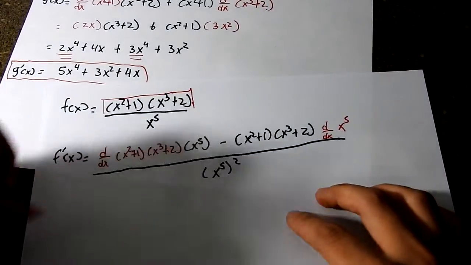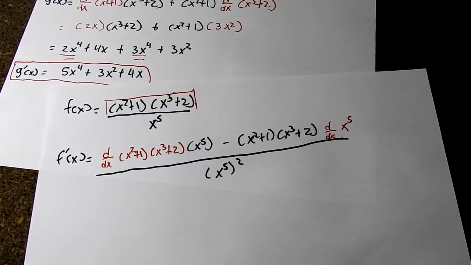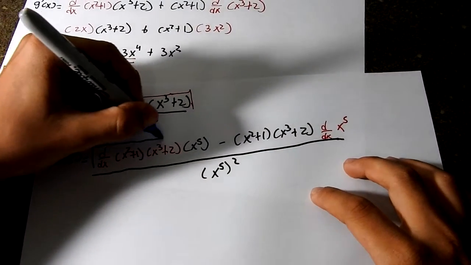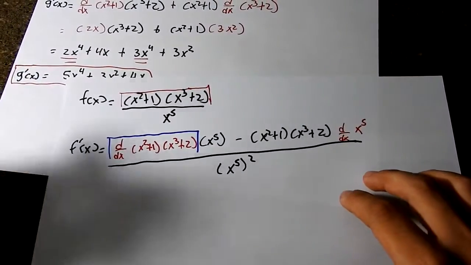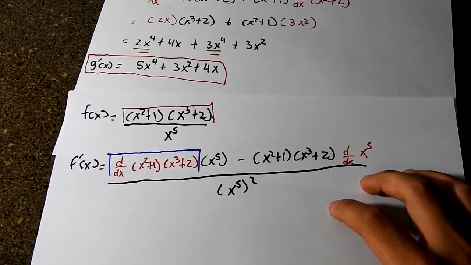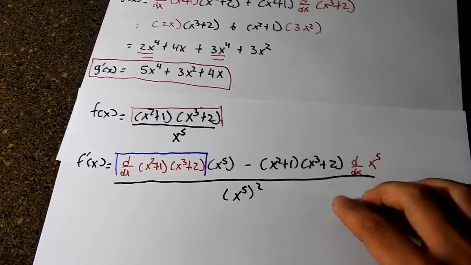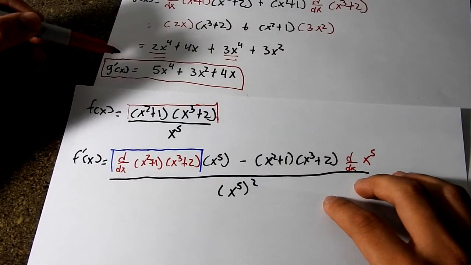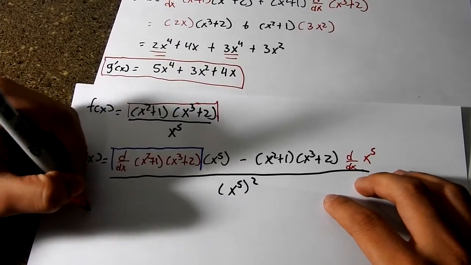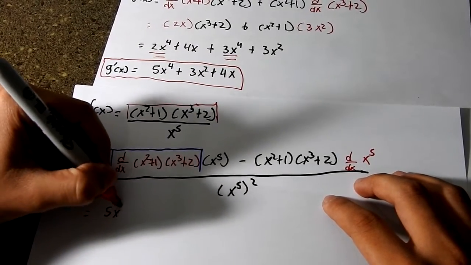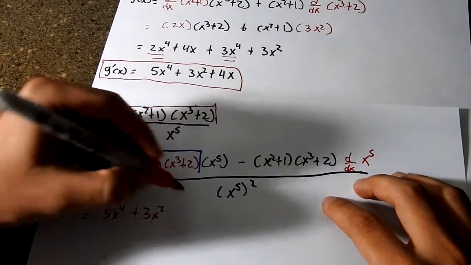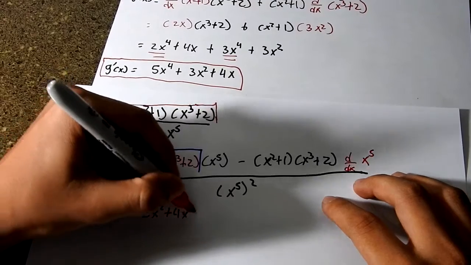So now, the derivative of this thing over here, of the numerator, we just solve it. We know that it is this business over here, so we're going to replace it. Our previous process says that the derivative of the numerator is just going to be 5x to the 4th plus 3x squared plus 4x.